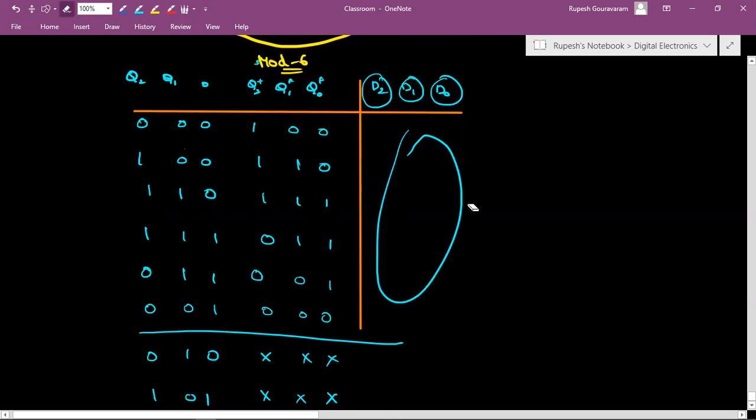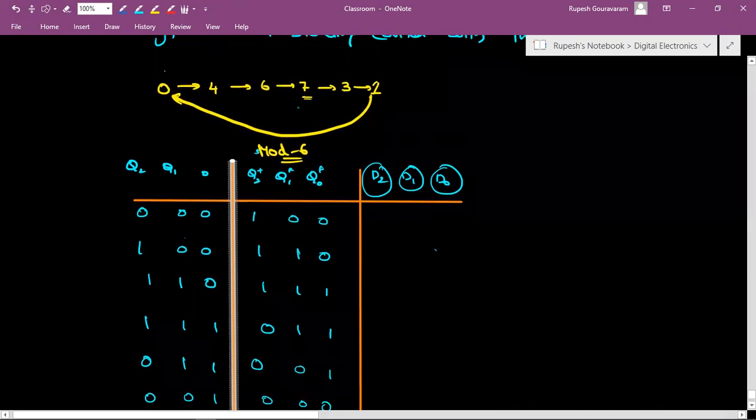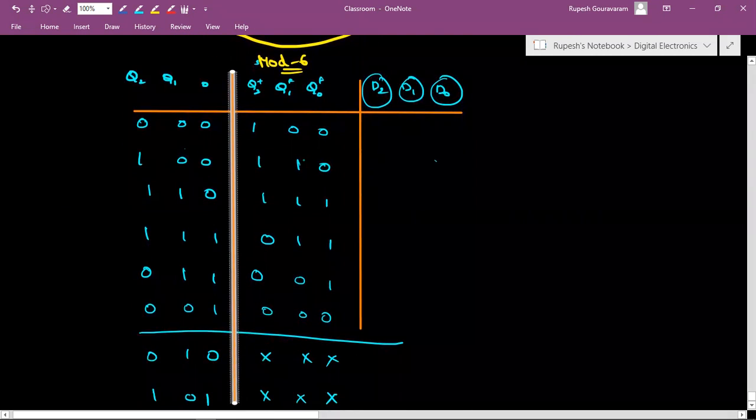See here. In this particular question, the same question is given, but they have asked with self-starting. So then what do we have to do?